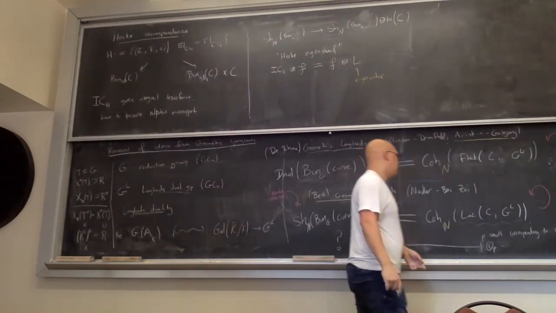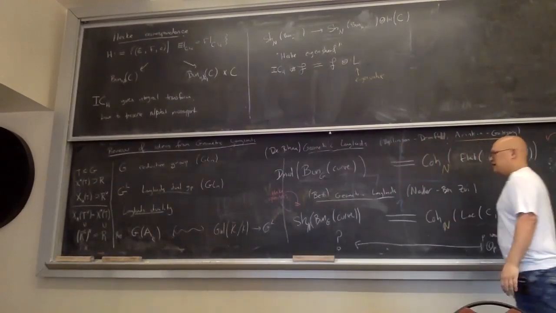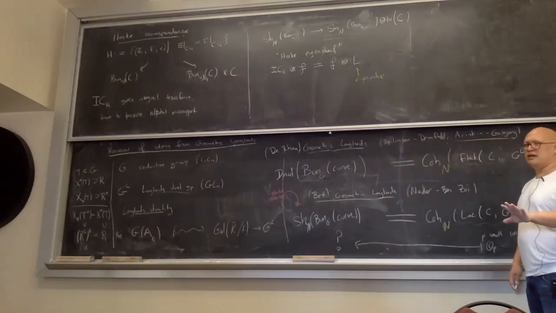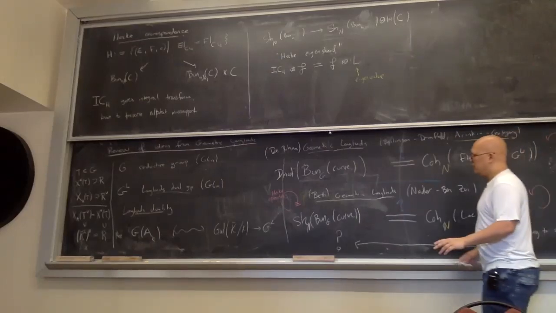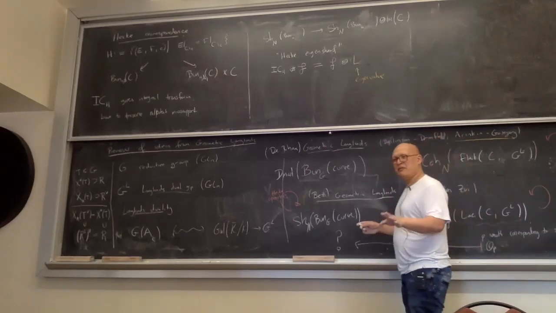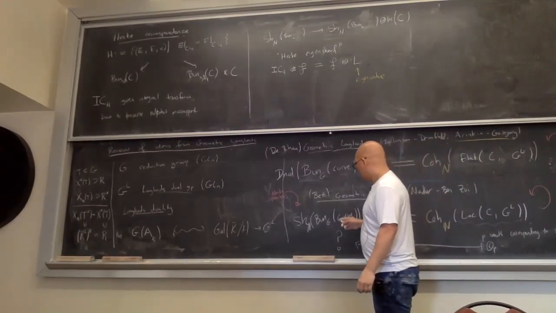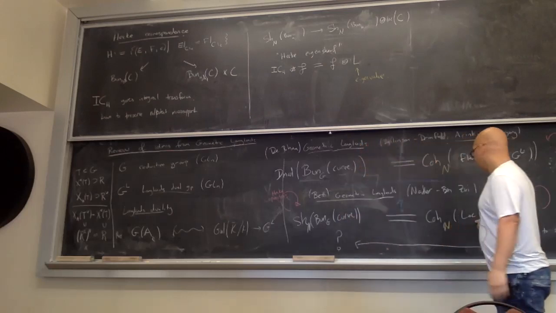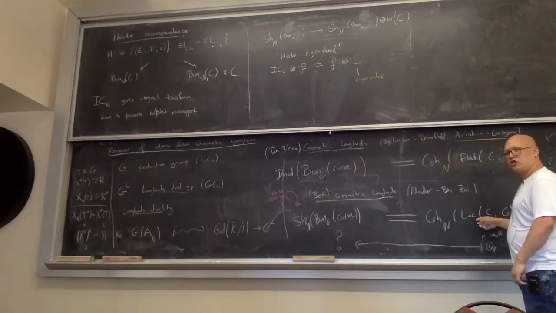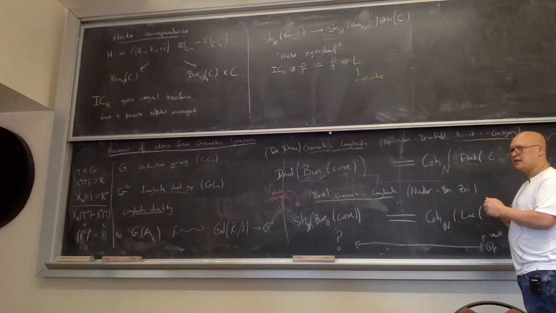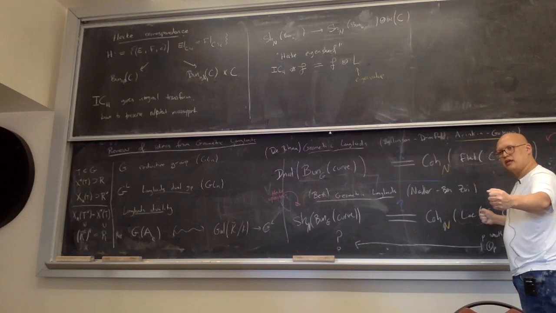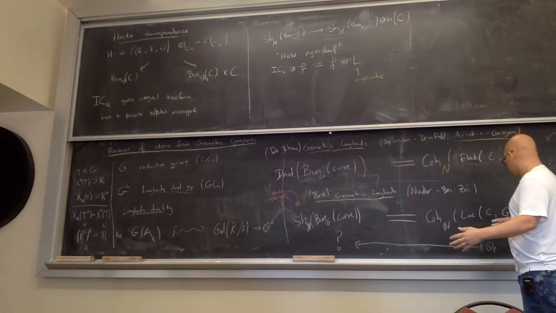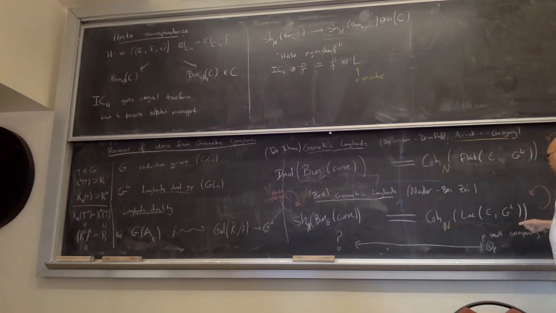So this is a technical aside which we will not return to. But I'll tell you what the answer is, which is that there are components here. So here there's some kind of stack, and it has a gerbe. I mean, this stack is everywhere non-trivially stacky, and that non-trivial stackiness has to do with the center of this group.